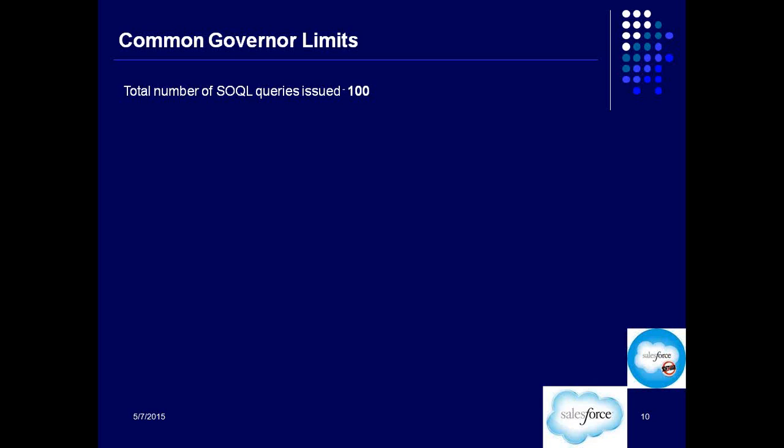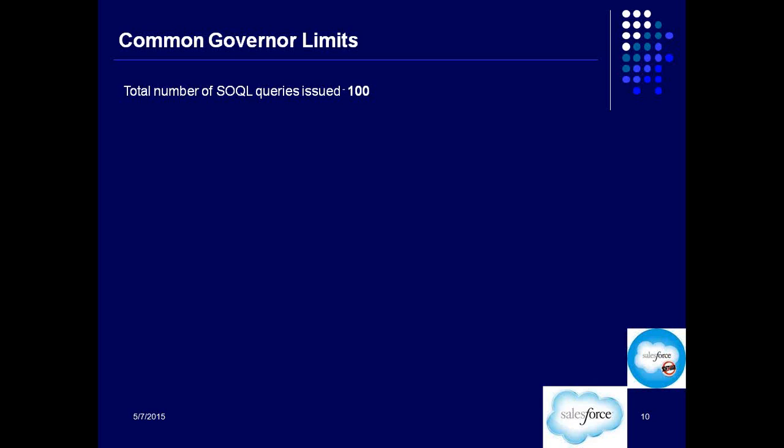Usually we don't write 100 SOQL queries one by one in any method, but if you have written an SOQL query inside a loop, and that loop runs more than 100 times, then the number of SOQL queries also becomes 100.